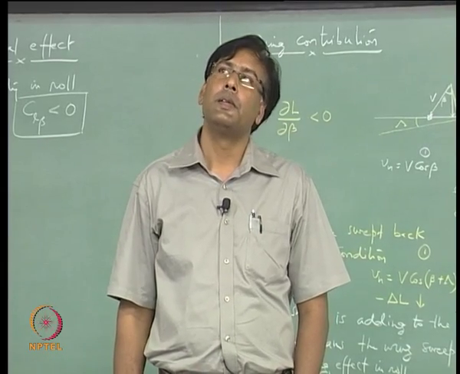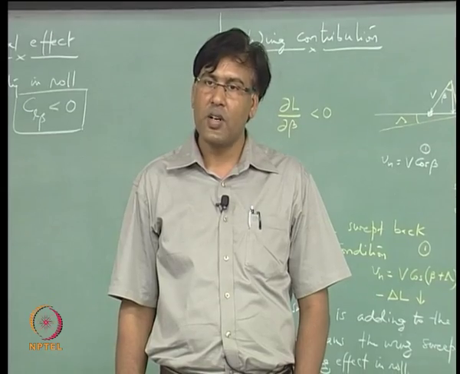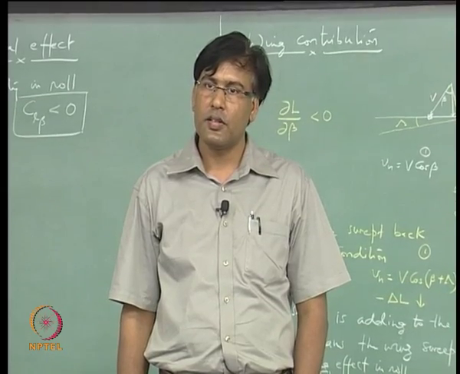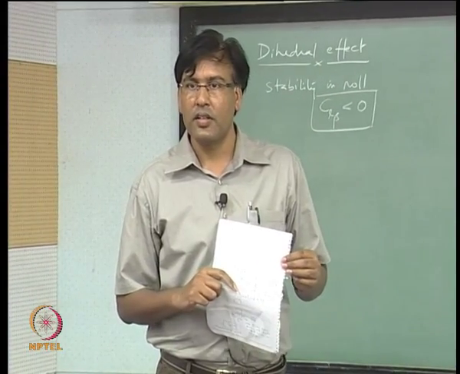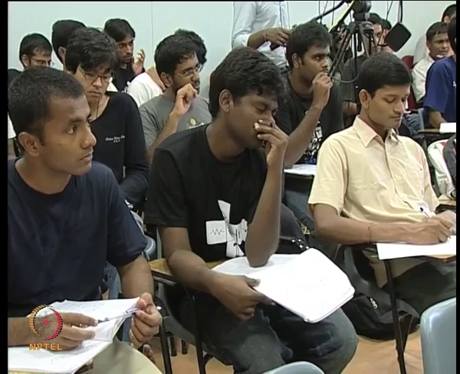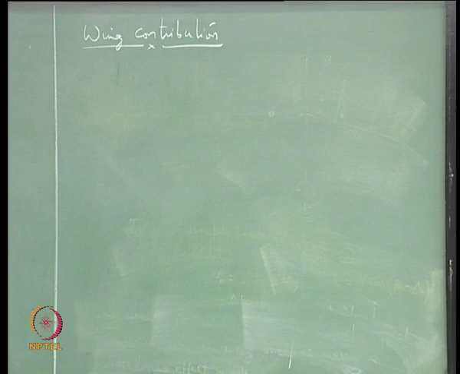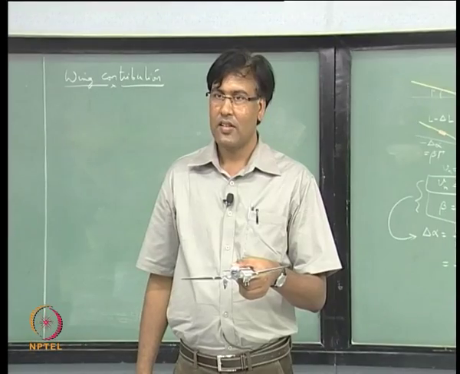I am not sure if that is going to, when the primary function of that is to add to the roll stability. Okay. Anything else? How is this wing located on this aircraft?